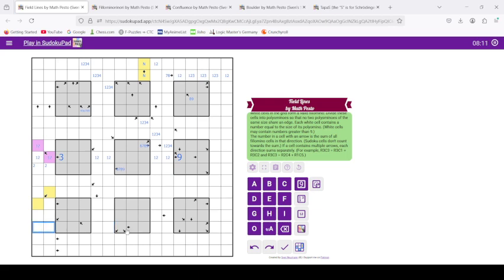This one's also at least a 6. This one's at least a 4 because it can't be a 3. But I feel like where it's going to break is somewhere around here. This is where we should be looking.